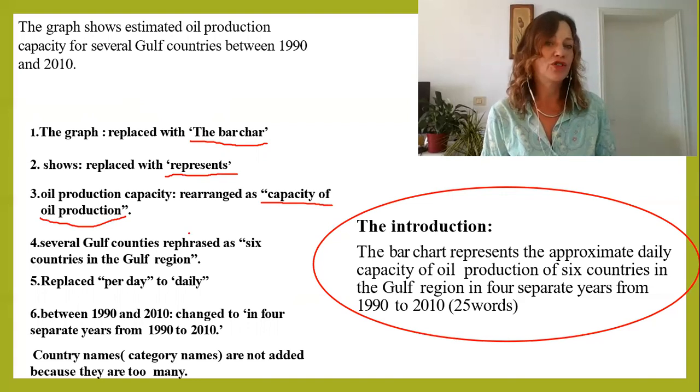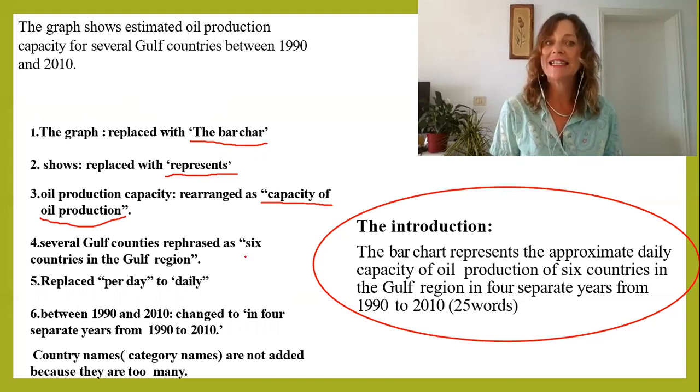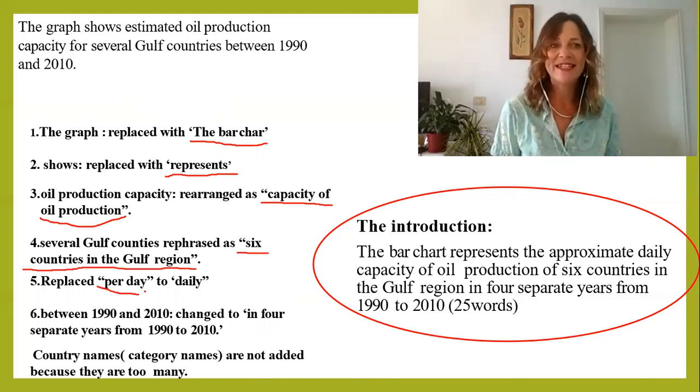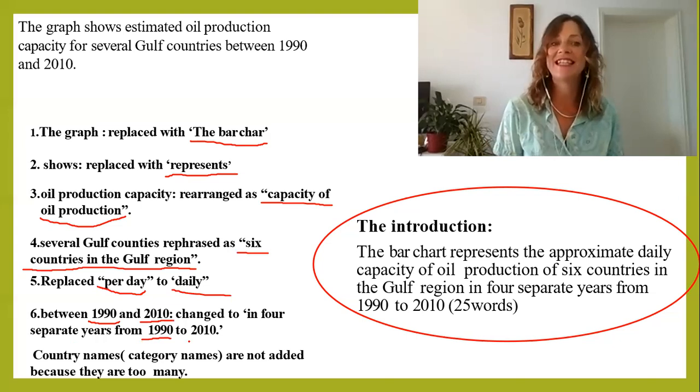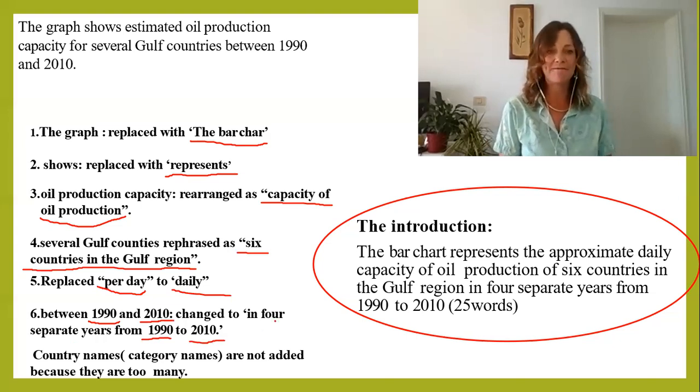Several Gulf countries is rephrased as 6 countries in the Gulf region. Per day is replaced with daily. And we've replaced between 1990 and 2010 with in 4 separate years from 1990 to 2010.